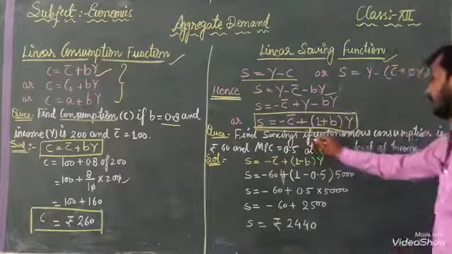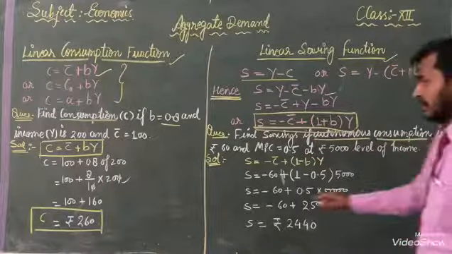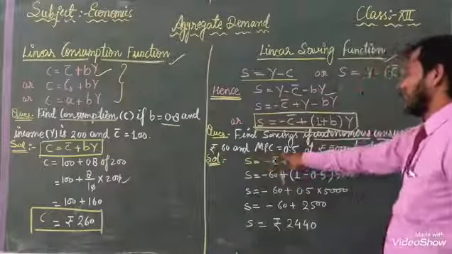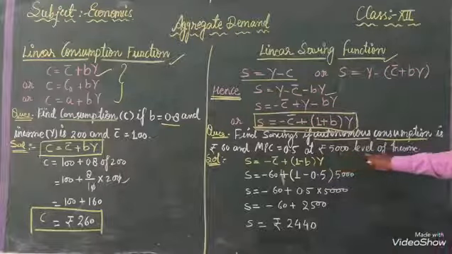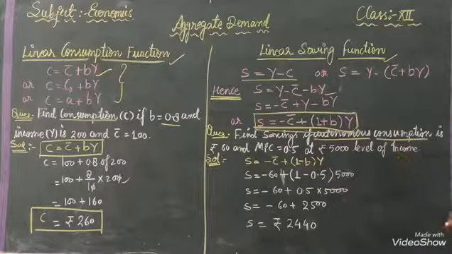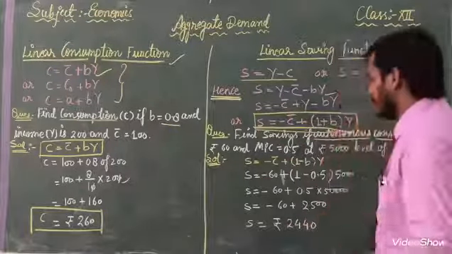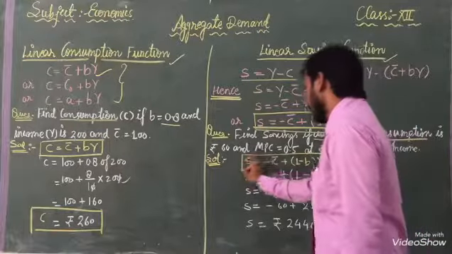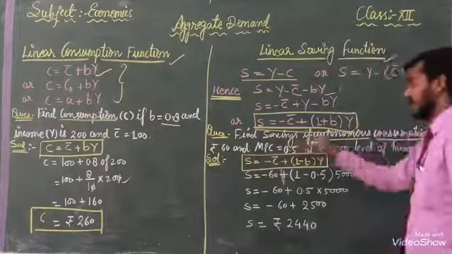If autonomous consumption is rupees 60 and MPC equal to 0.5 at 5,000 level of income, then we have to calculate saving. Then with the help of this formula we can calculate saving.